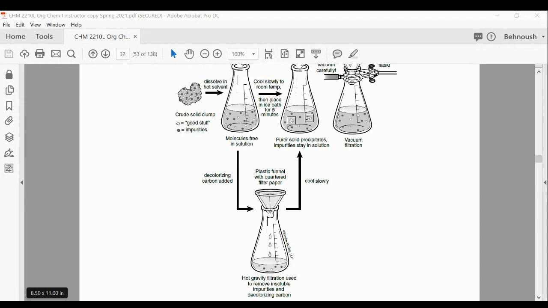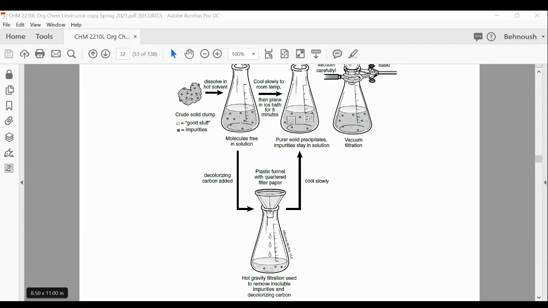Other problems? There are three problems with that. One is that as it precipitates, because it's a sudden precipitation, it is not crystallization. Crystallization takes time.